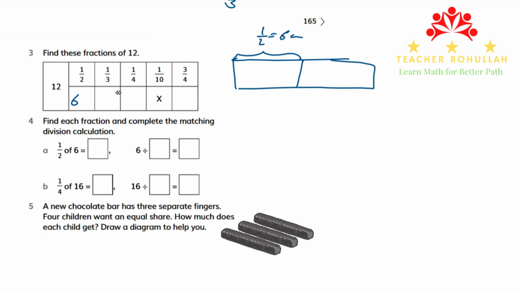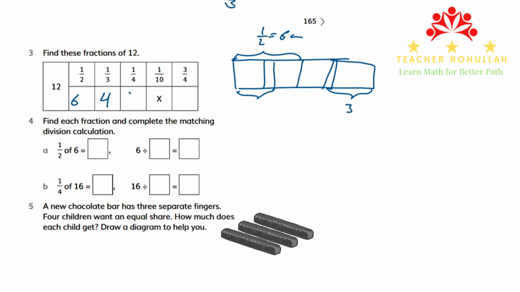For 1/3 of 12, we have to divide this into 3 groups. If we divide into 3 groups, each one will be 4. So 1/3 of 12 is 4. For 1/4 of 12, if we cut it into 4 equal parts, 1/4 of 12 is 3.